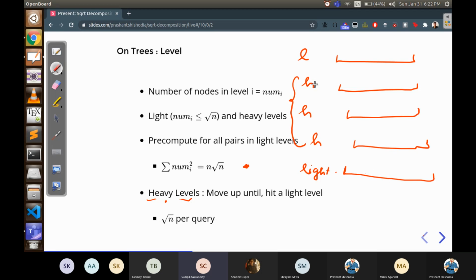So each heavy level can act on at most one light level, because if there is another light level beneath it, it will just approach this light level, right? It cannot pass that heavy level.